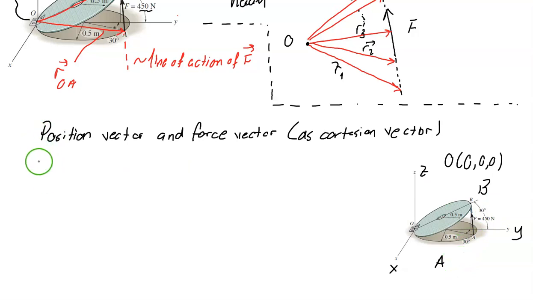Okay, so let's go ahead and write the R_OB vector. So that will be equal to, for the X component, we have 0 minus 0 for R_OB, because note that point B lies on the y-axis, so the X coordinate of B is 0.